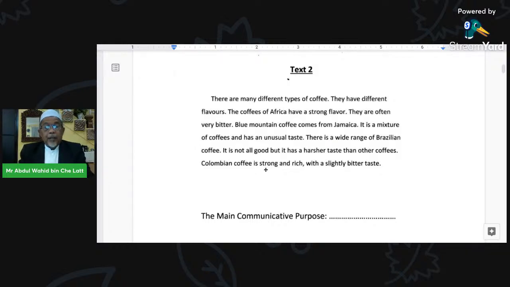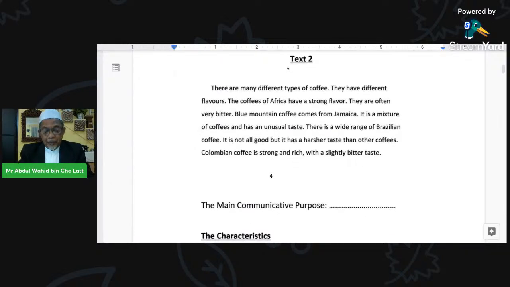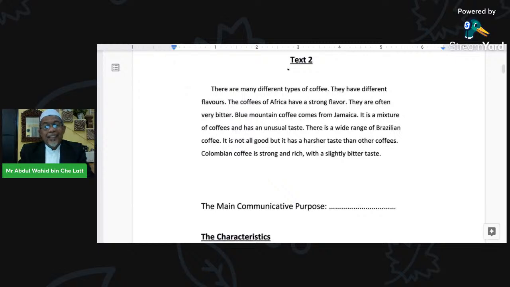Okay, for the main communicative purpose, you can write factual description because it's describing a fact.